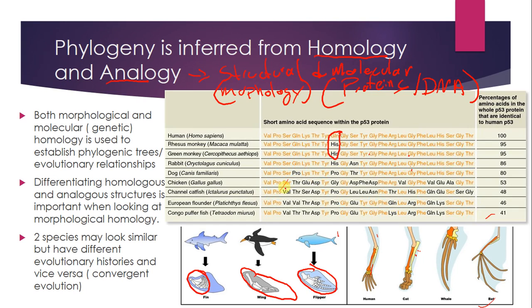A chicken has many more. That's why the green monkey and rhesus monkey share 95% similar amino acids in the p53 protein. But the Congo pufferfish or the chicken share far fewer similarities.